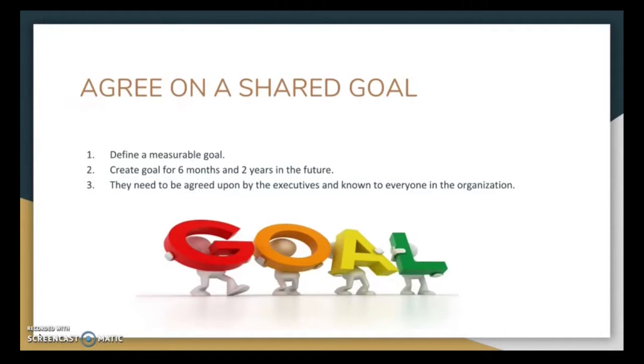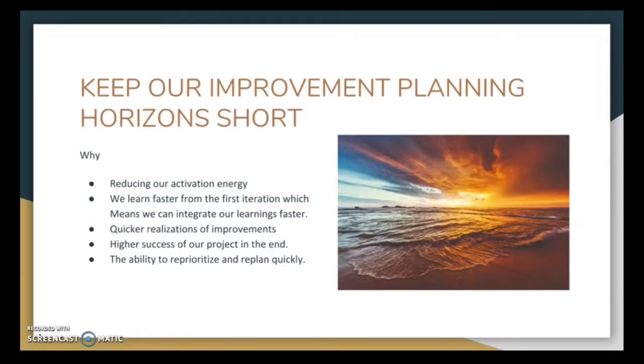The next slide is to keep our improvement planning horizons short. The reason that we would want to keep those planning horizons short is to reduce the activation energy. We learn faster from the first iteration, which means we can integrate our learnings faster.